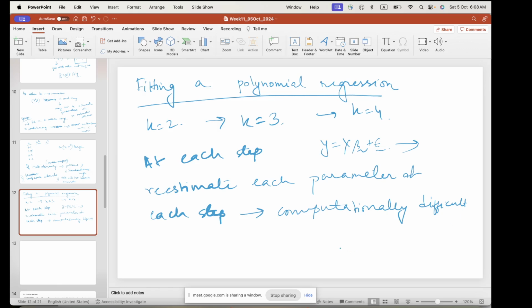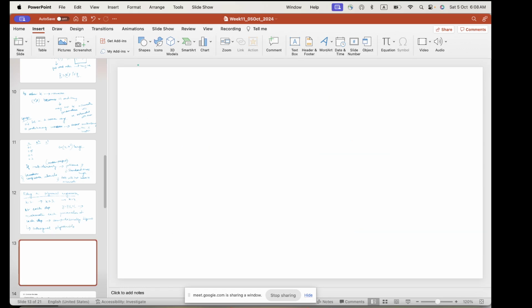Okay, so in order to circumvent this problem, one way out is to have orthogonal polynomials. Okay, so why do we use orthogonal polynomials?